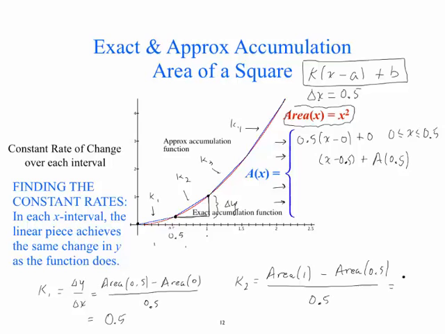So that's going to be 1 minus 0.25, so 0.75 over 0.5. 1.5. So the constant rate here is 1.5. And that's going to be from 0.5 to 1, including 1, but not including 0.5.